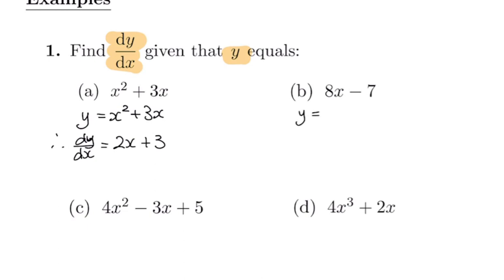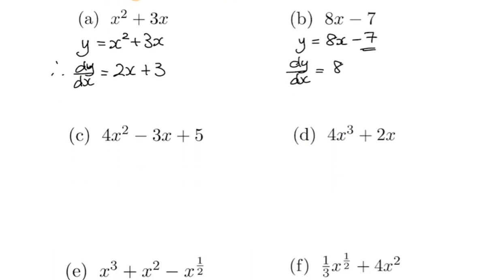Next one, y equals 8x minus 7. So dy dx equals 8. Remember, minus 7, when you differentiate it, will become 0, so there's no point in writing it down.